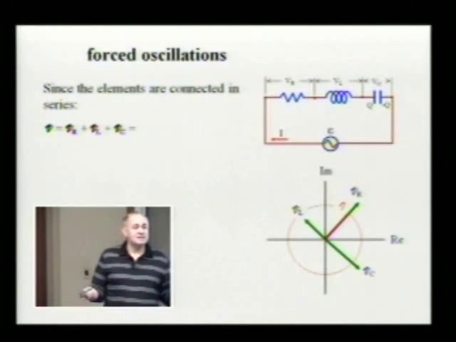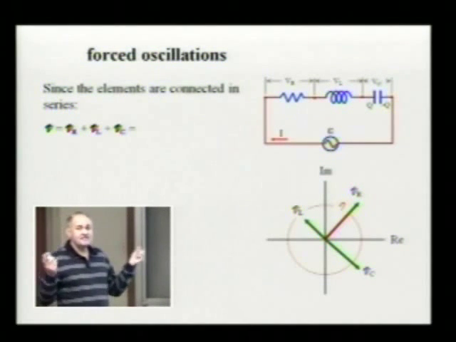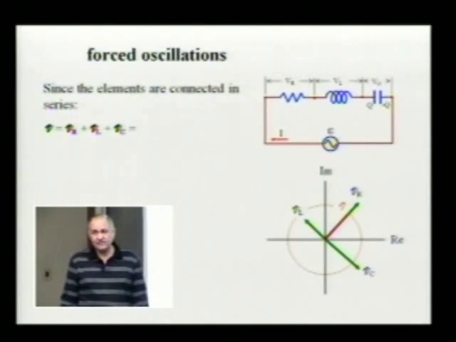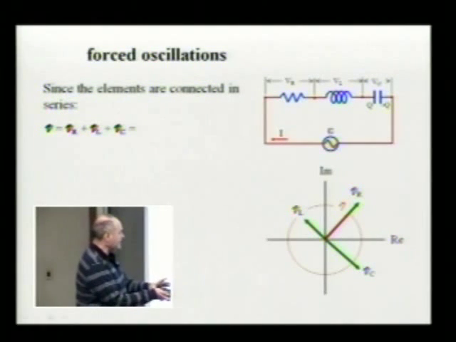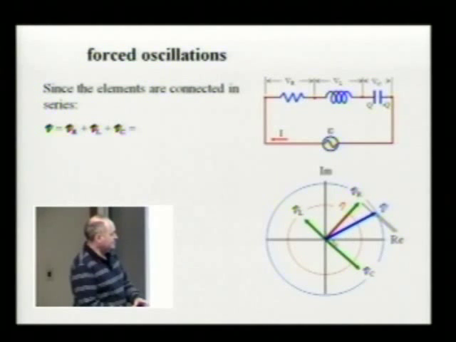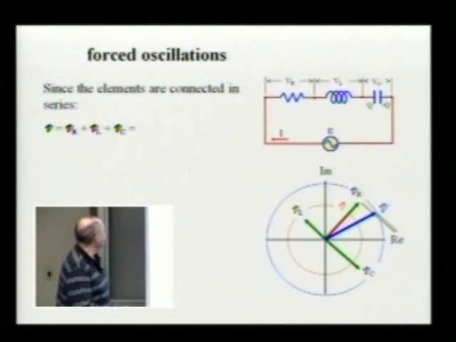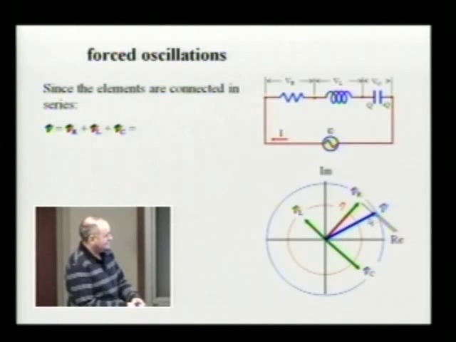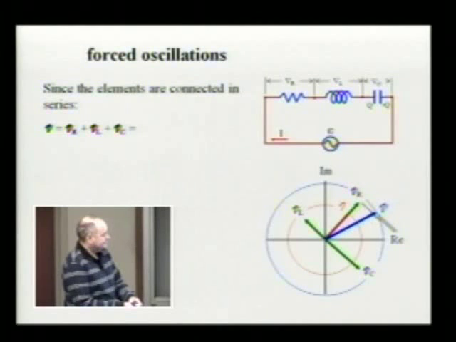And I could write it using complex numbers. Complex voltage across the resistor is complex current through the resistor multiplied by the impedance of the resistor. Complex voltage across the inductor is equal to complex current through the inductor times the impedance of the inductor.